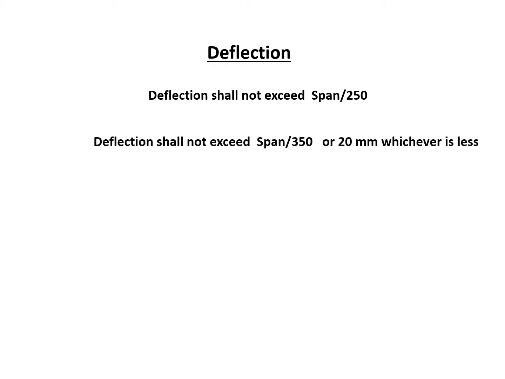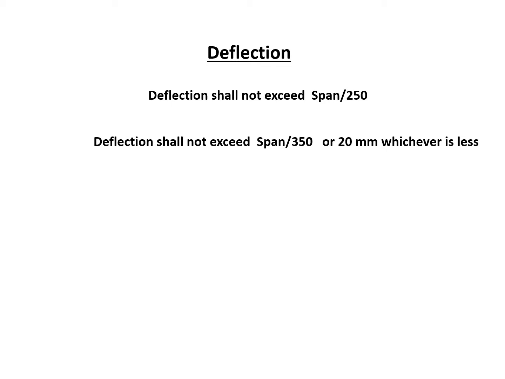As you know from structural analysis and so on, deflection calculation is lengthy, and therefore the code has made your life easier. They are saying the deflection shall not exceed span by 250.